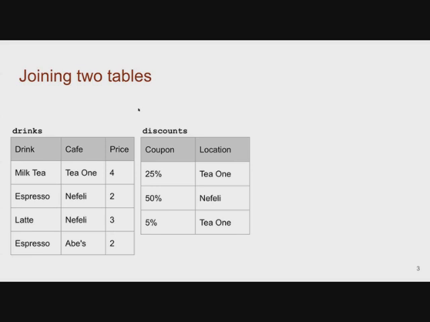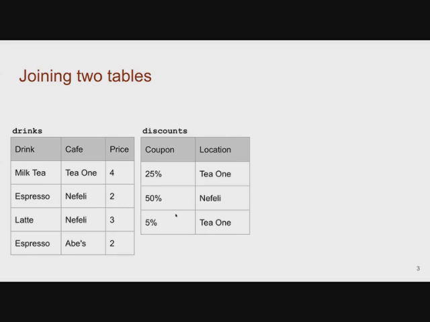But here, notice that in this one table, we have a cafe. And in this other discount table, we also have, even though it's called the location, the actual cafe. And notice you can think of these as categorical columns. They line up, right? The cafe and the location have the same categories.